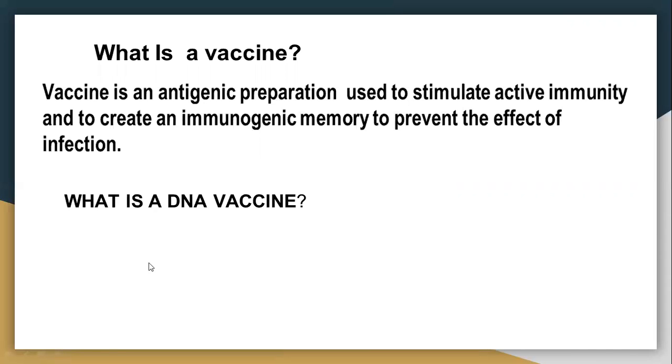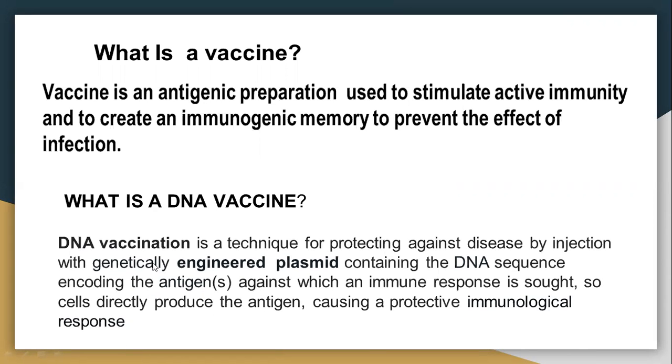The DNA vaccine is a technique for protecting against disease by injecting a genetically engineered plasmid containing a DNA sequence, right? So we have to design the genetically engineered plasmid which contains our desired targeted protein.